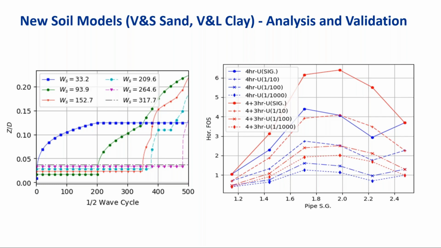And on the horizontal factor of safety, as SG increases, we naturally get more factor of safety, but past about 1.8, we start seeing an adverse effect on the horizontal factor of safety, for the same reason: if the embedment is not increasing, we're not benefiting from the shielding effect that the embedment provides.